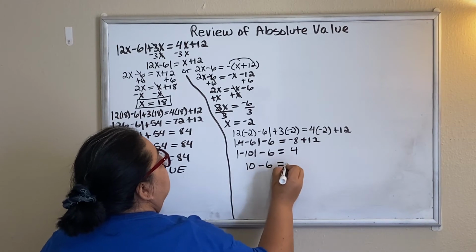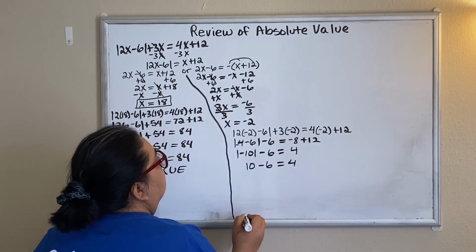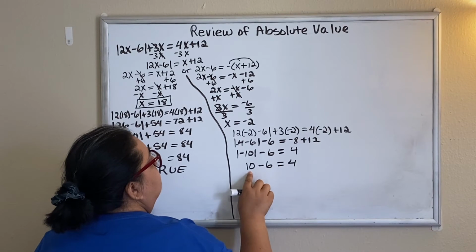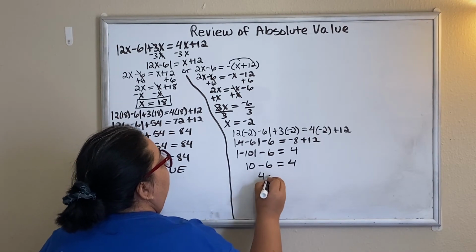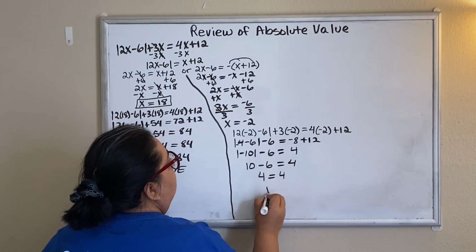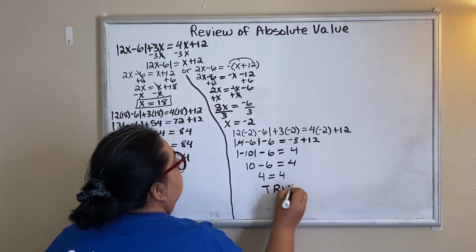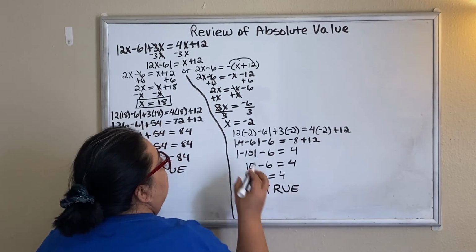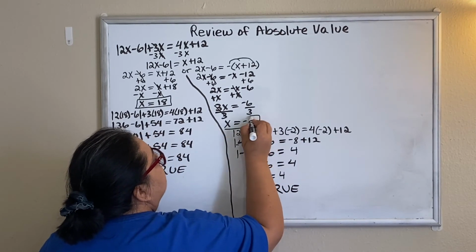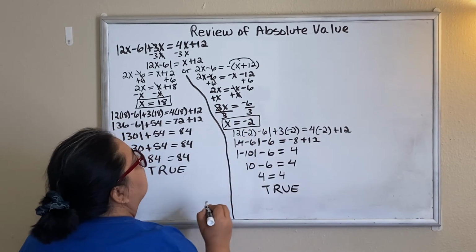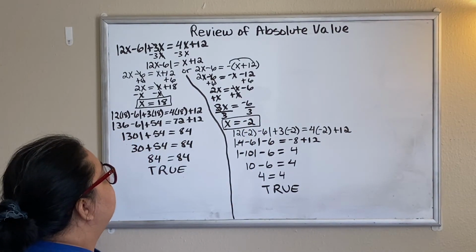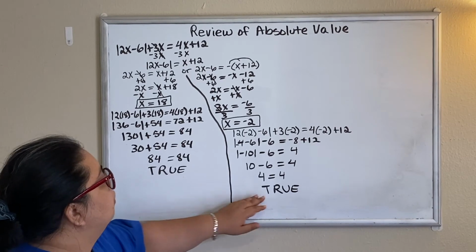Bring down the minus 6 equals 4. Going back to the beginning, 10 minus 6 is 4 equals 4, which is true, which means x equals negative 2 is a solution.